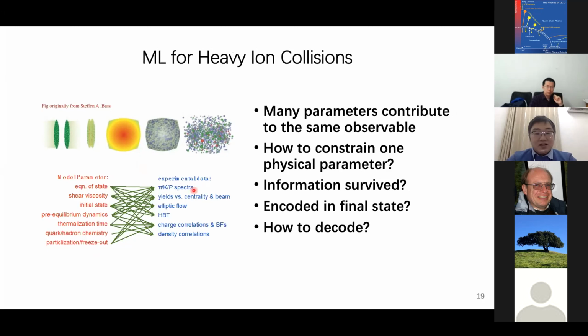The question is how to constrain one physical parameter using the final state observables, and whether the information survives the dynamical evolution and is encoded in the final state, because there is entropy production, which means there is information loss during the dynamical evolution. Also, how do we decode this information from the final state particles in momentum space? So this is an inverse problem.